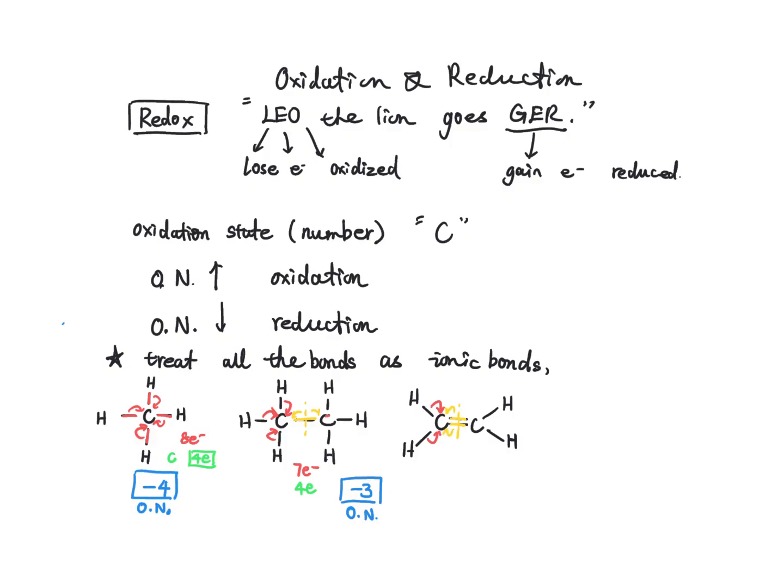The total number of electrons belonging to this carbon, in order to determine the oxidation state, is 6 electrons. And compared to the neutral 4, that's 2 more. So for ethene, that carbon has oxidation number -2.